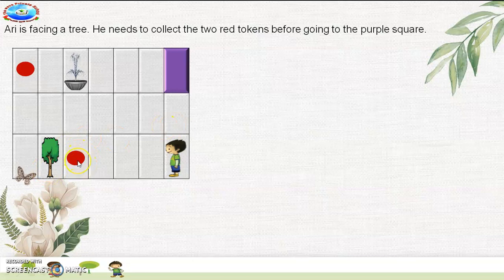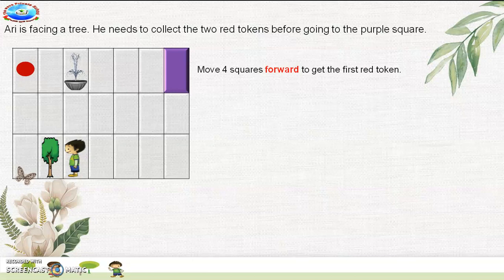Here is the first red token. So to collect the first red token, Ari can move 1, 2, 3 and 4 squares forward. So we can write that step as move 4 squares forward to get the first red token.